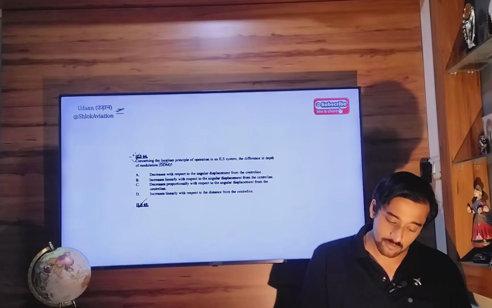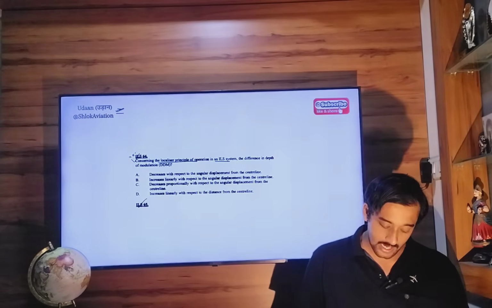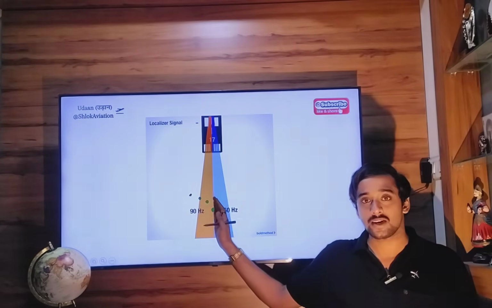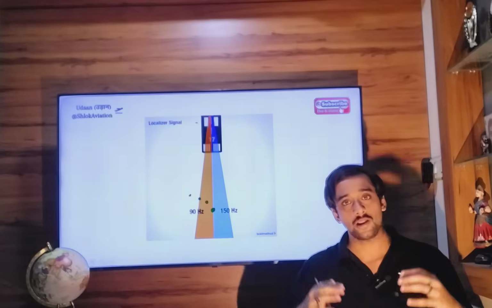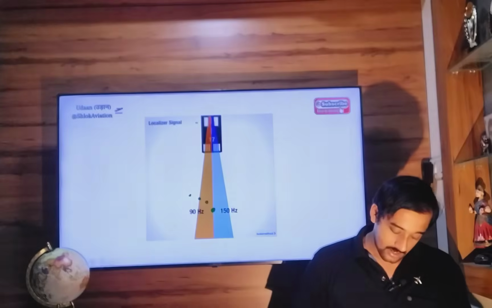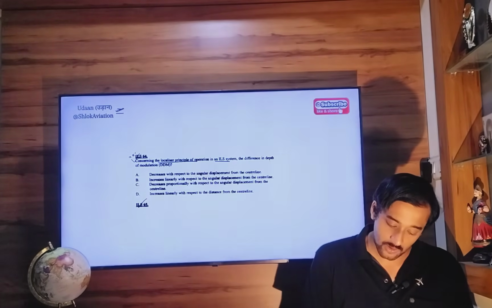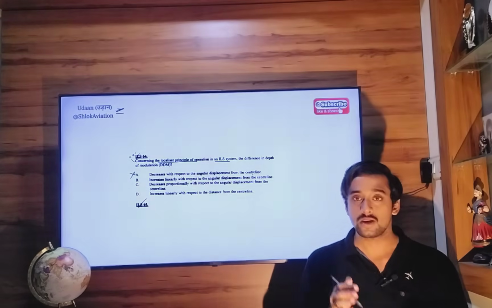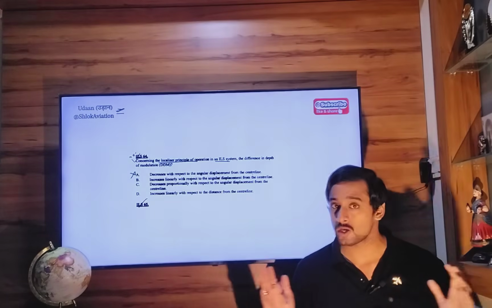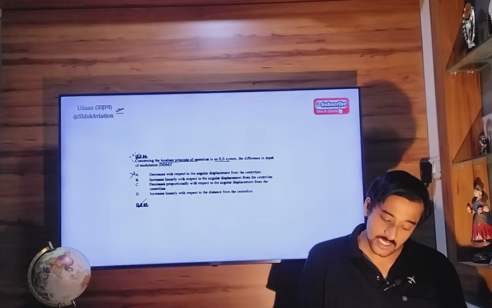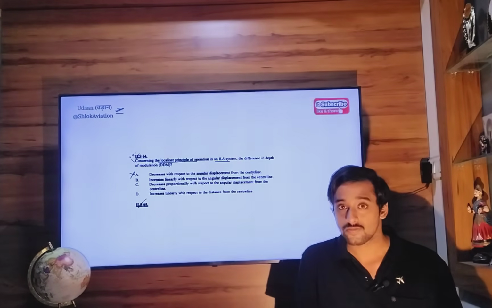Concerning the localizer principle of ILS, the difference in depth modulation. Like I said, when you are right on the center, the difference is 0. When you start deviating left or right, the difference in depth modulation also increases. So it decreases with respect to the angular deviation from the center line: wrong. When you get deviated from the center line, the difference in depth modulation will increase, not decrease. It increases linearly with respect to the angular displacement from the center line: right.